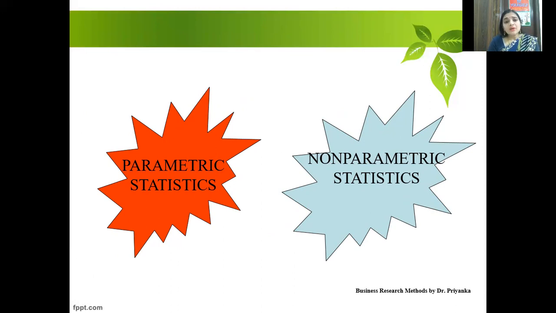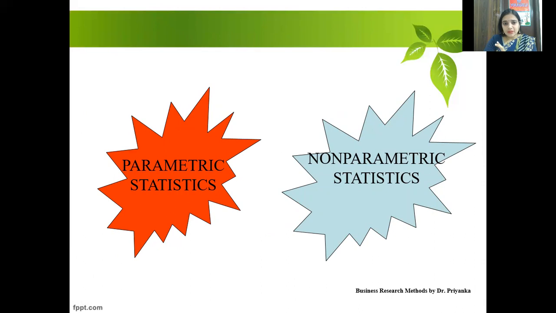Nominal and ordinal scales consist of a low amount of detail of the data, whereas parametric statistics contains all the required details of the data for the analysis. That is why, when we talk about the kind of scale used for the study, it is very important to see whether you have parametric or non-parametric data in hand.